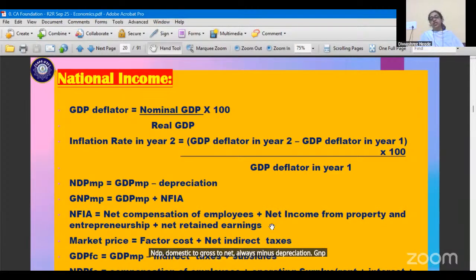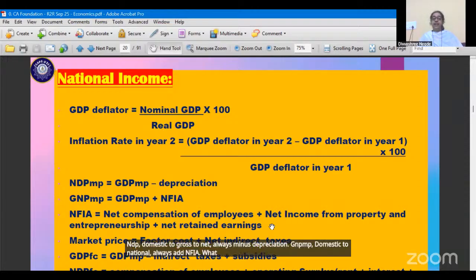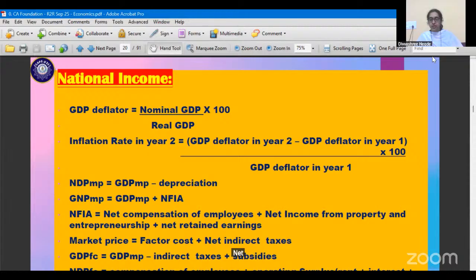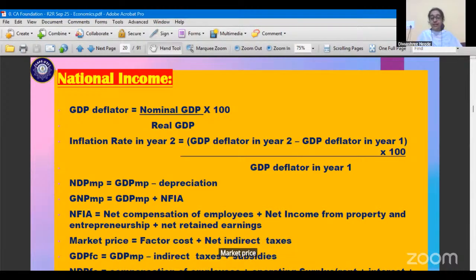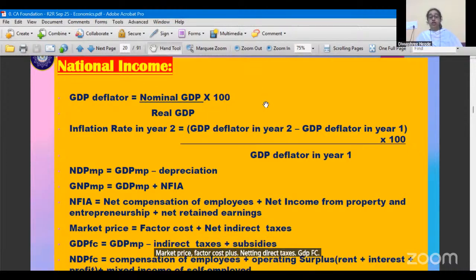GNPMP: going from domestic to national, always add NFIA. What is NFIA? Net compensation of employees, net income from property and entrepreneurship, plus net retained earnings. Market price is factor cost plus net indirect taxes. GDPFC, factor cost: GDPMP minus indirect taxes plus subsidies.